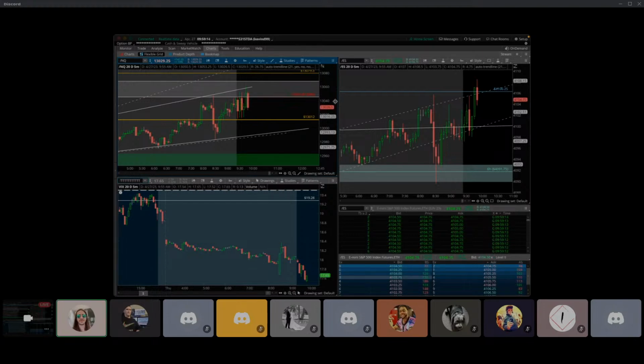The reason I exited is because obviously ES is pushing a lot stronger than NQ. NQ pushing for that lower low right now. That's pretty wild. Right out of swinging supply. Got about 15 seconds left on this bar.